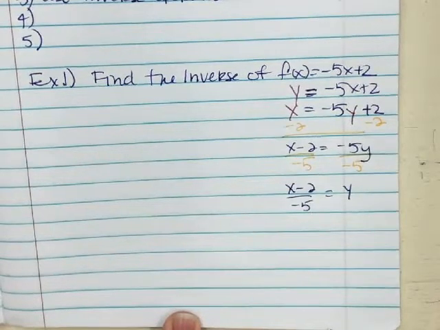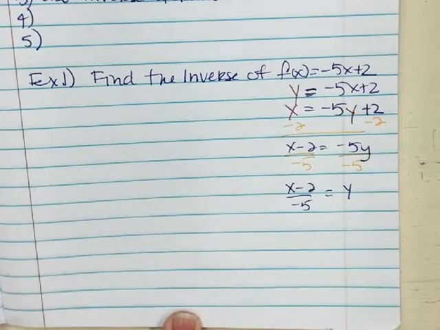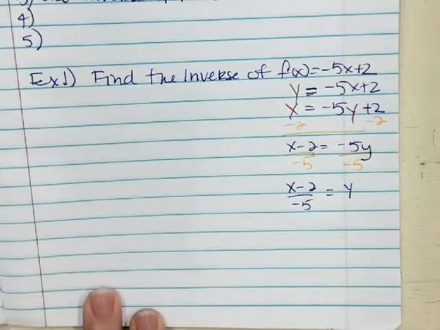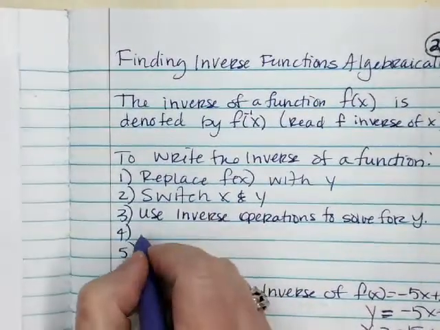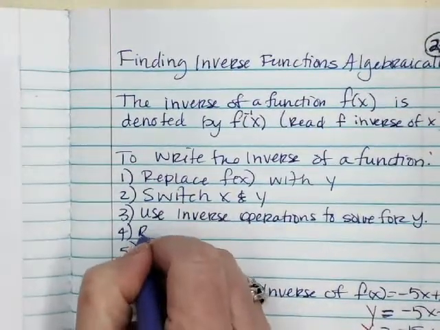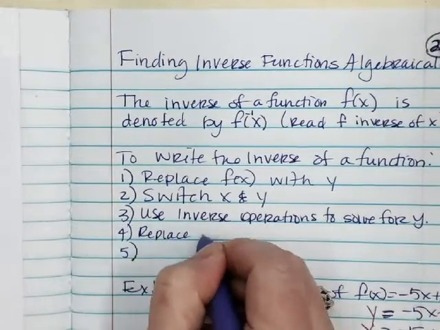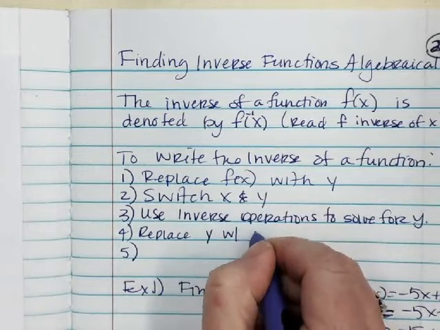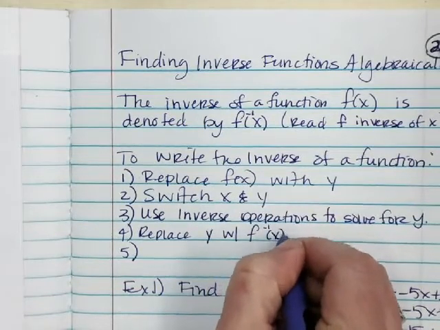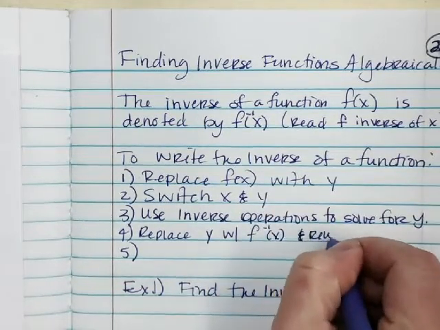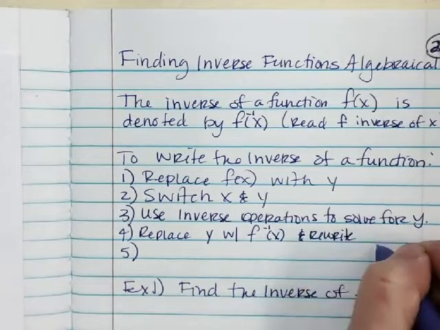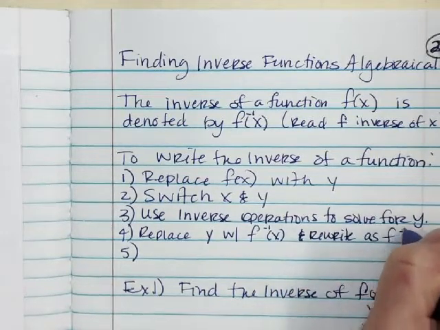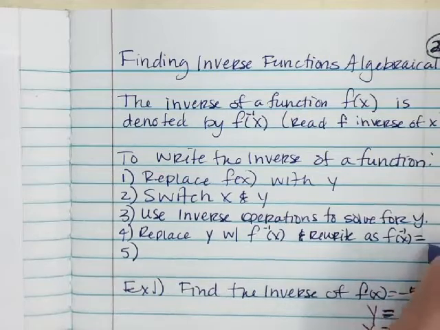Now, you want to turn it around so that the y is on the left, because that's just how we write a function. So you're going to replace that y with that inverse notation and rewrite it as the inverse of the function equals, and then you just put in what you got.